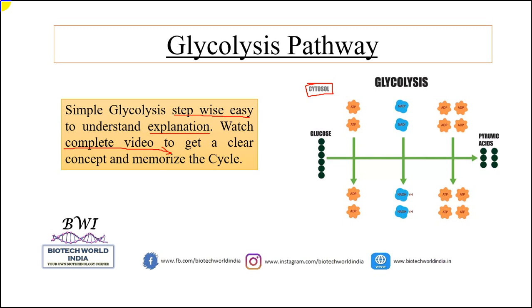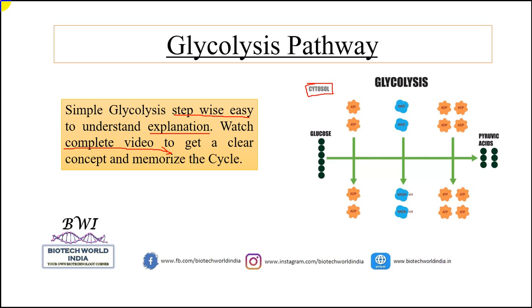So if glycolysis is interrupted or not completed, the cells will lose their ability to maintain the sodium phosphate pump, and eventually the cells will die. And if the cells die, you all know, the functioning of the body will be disturbed.